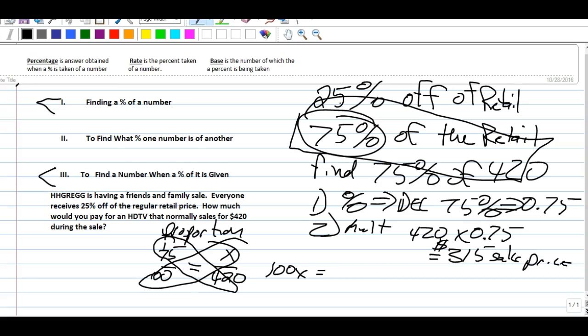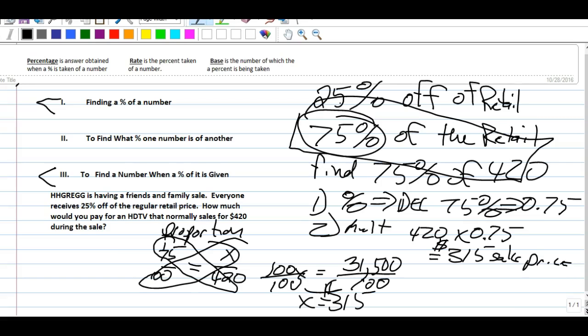Multiplying 75 times 420 gives me 31,500. Dividing both sides by 100, x is equal to $315. That's your sale price.